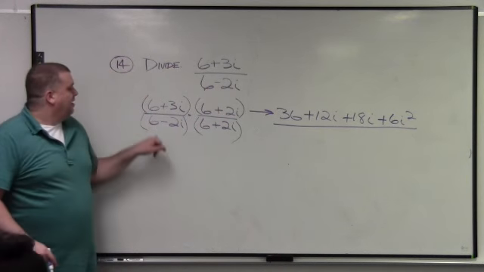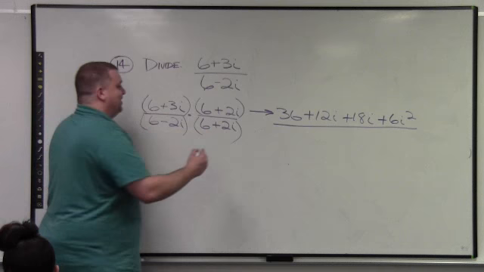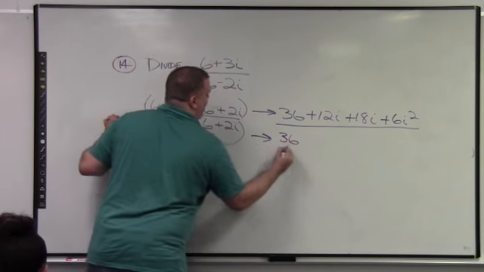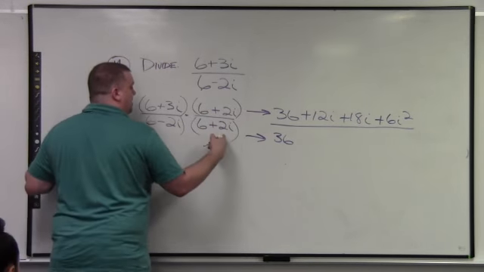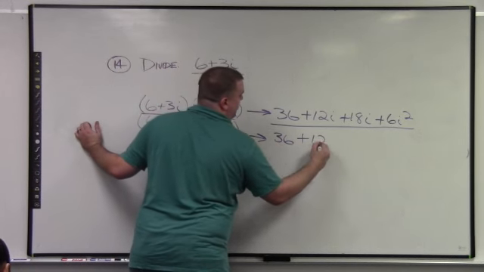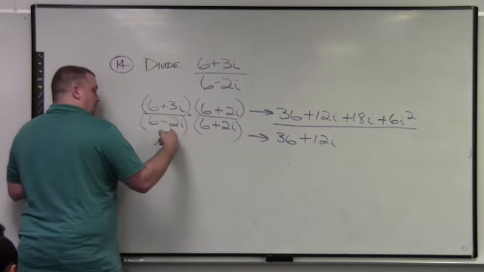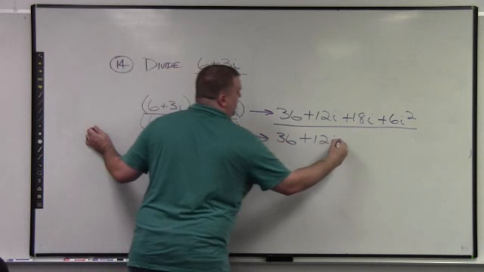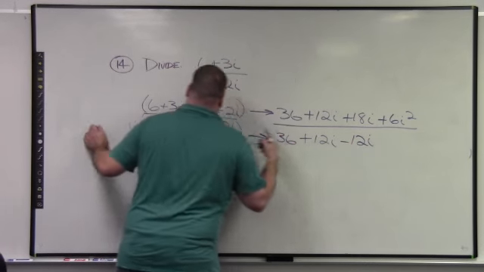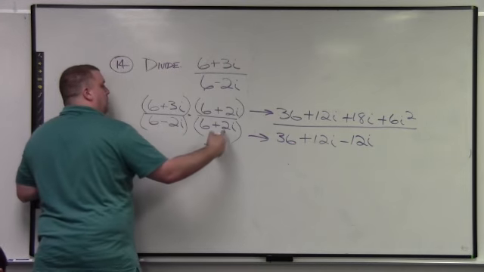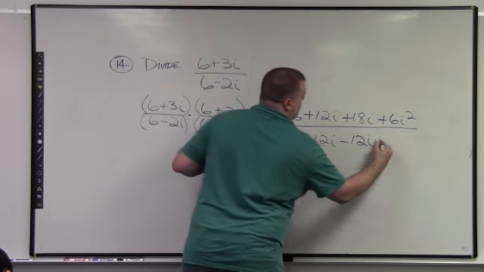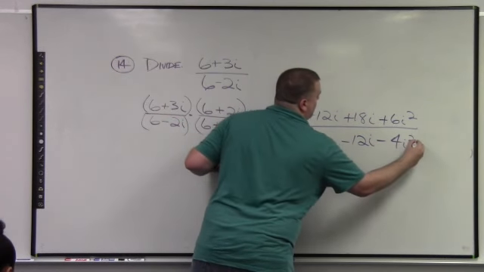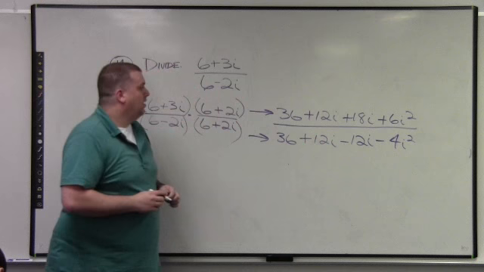On the bottom, 6 times 6, 36. 6 times 2i, 12i, plus 12i, correct? Minus 2i times 6, minus 12i. And negative 2i times a positive 2i. 4i squared. Once again, don't forget to square that i.